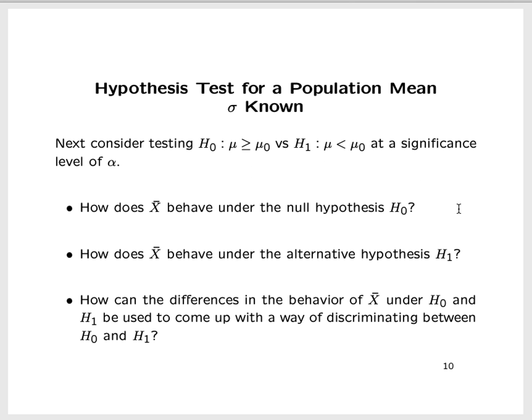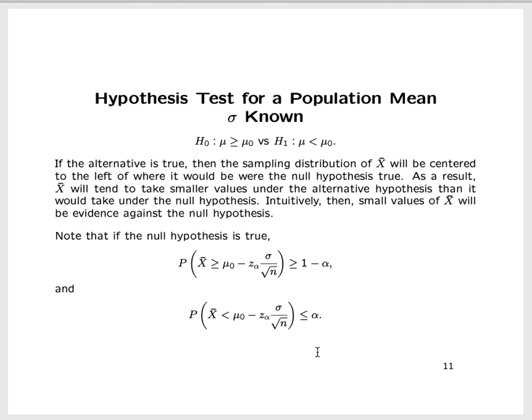So again, we need to ask ourselves the questions: how does x bar behave under the conditions of the null hypothesis? How does x bar behave under the conditions of the alternative hypothesis? And can we use the difference in behavior of x bar under the null and alternative hypotheses to come up with a way of discriminating between the two hypotheses?